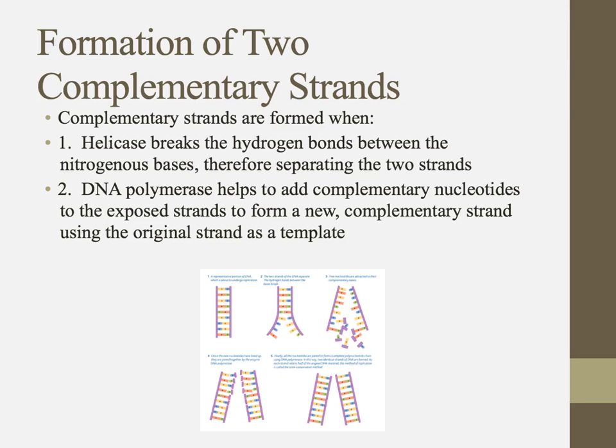Okay, so to put that all in one coherent process here, complementary strands are going to be formed when helicase breaks the hydrogen bonds between the two strands and separates the parent strands. Those free nucleotides are going to attach themselves to those exposed strands via the rules of complementary base pairing.